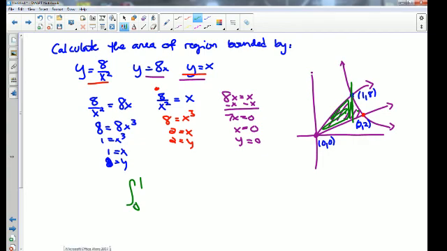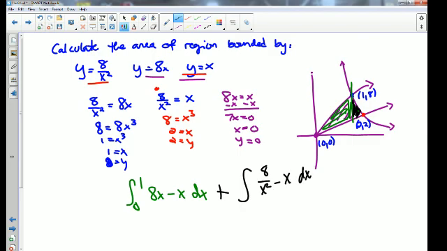What's the top there? 8x. It's linear. And what's the bottom? X. And then what's this integral? 8 over x squared minus x, from 1 to 2.